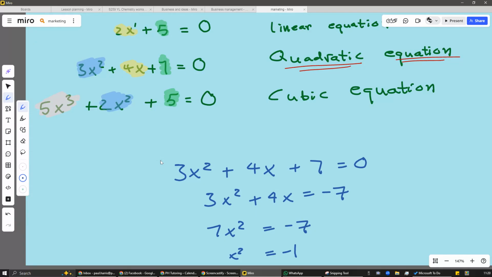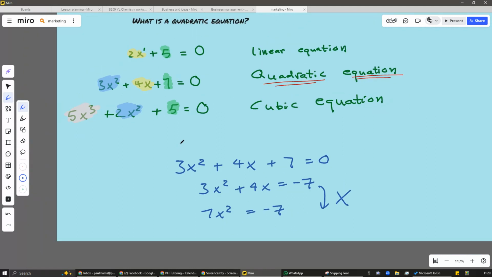Well, that's beside the point. Anyway, point is, when I went from here to here, I made a mistake. That's not how you do it. So we need a new method, and I'm going to talk about a few different methods that you can use to solve quadratic equations, but the most important thing to understand is you cannot solve them the way that you solve linear equations. Okay, all right, that'll do for this video.